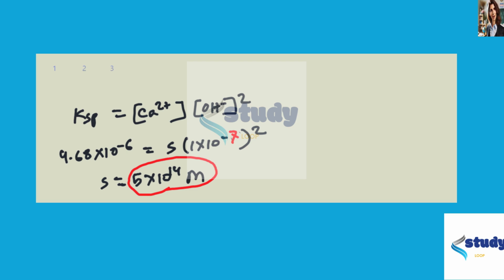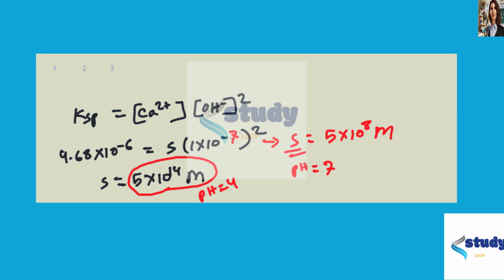If we solve this equation, we have an S value of 5 times 10 to the power 8 molar. So this is the S value for pH 7, and that was for pH 4.